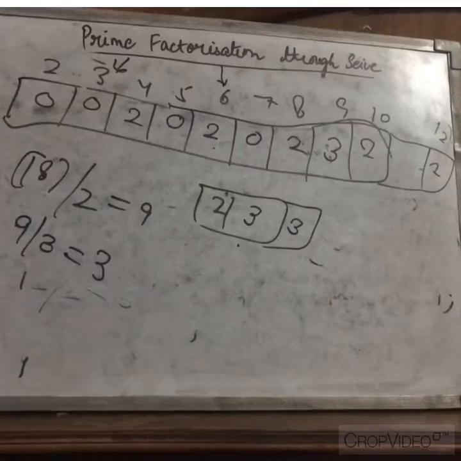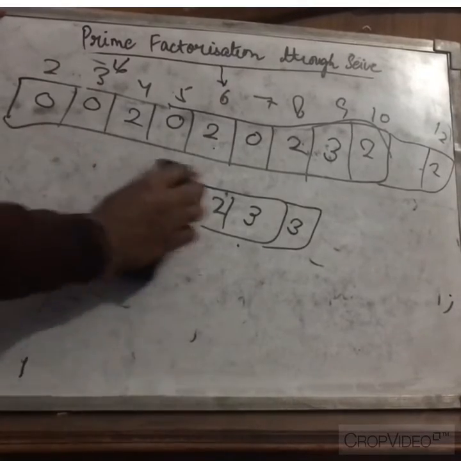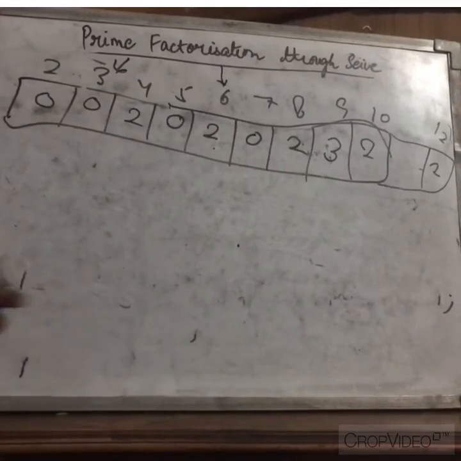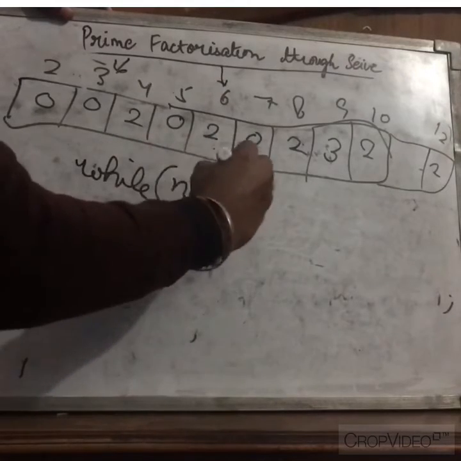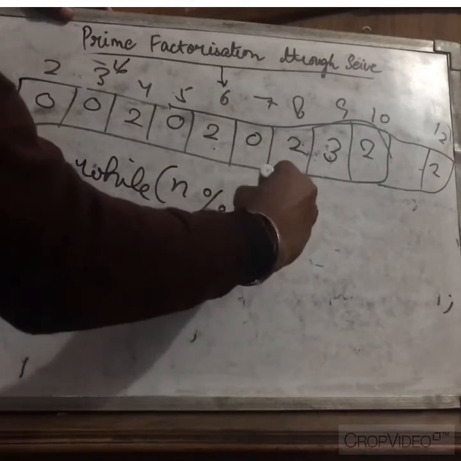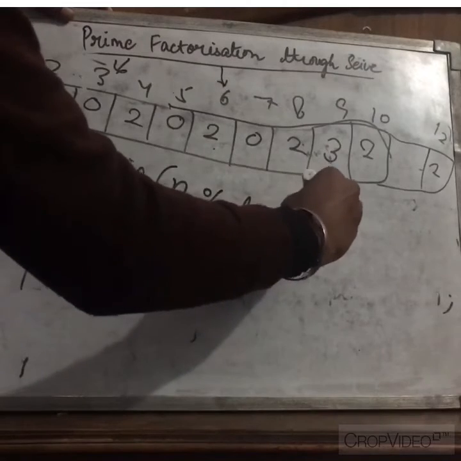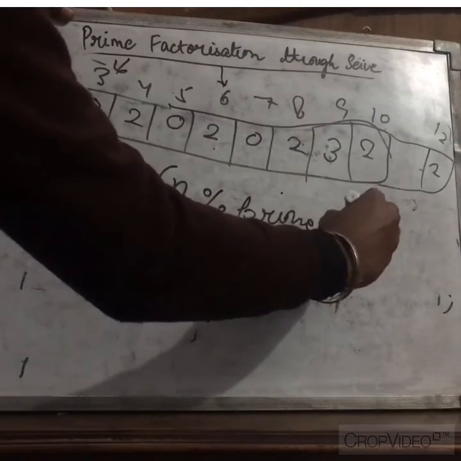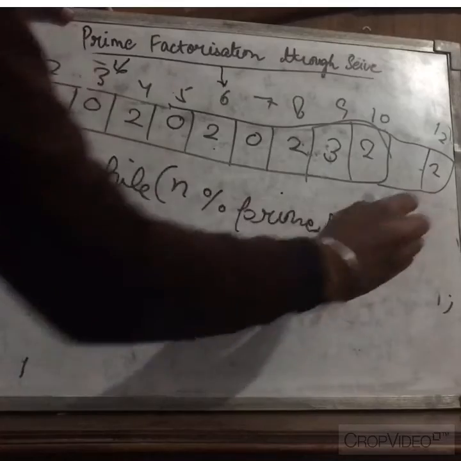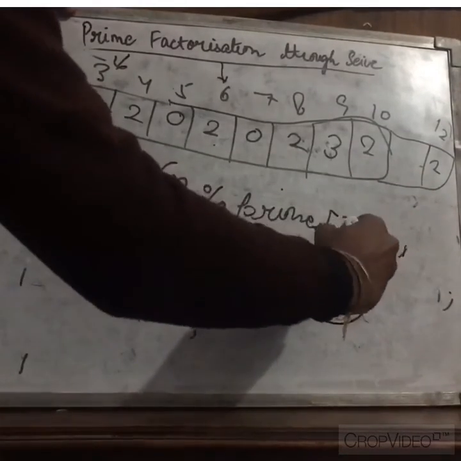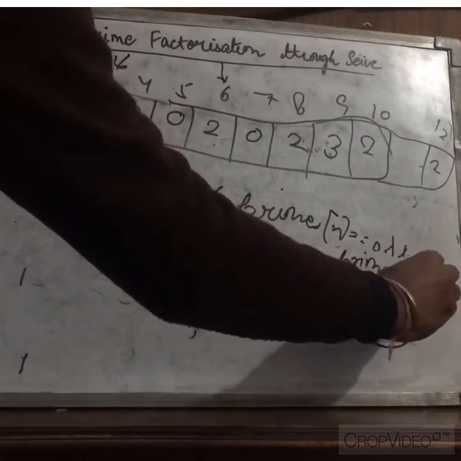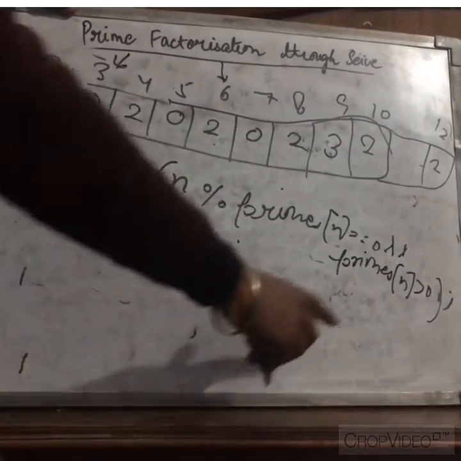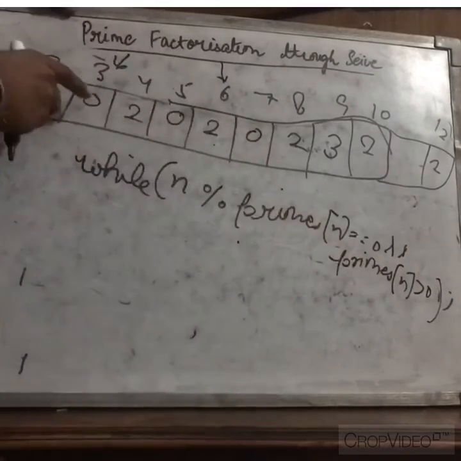Let me quickly write the algorithm for how it will work. In general, if you want to find all the prime factors of n, it will run like this: while n modulo primes of n equals 0 and primes of n is greater than 0. Why this condition? Because I need to break when I reach a prime number.